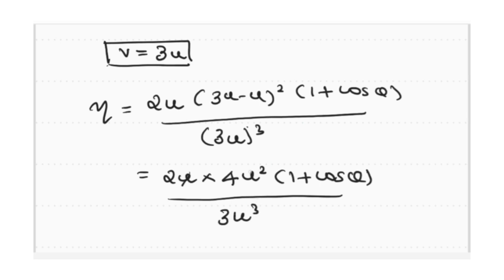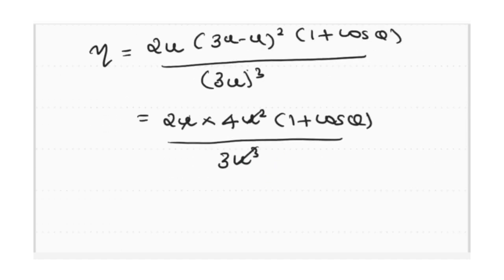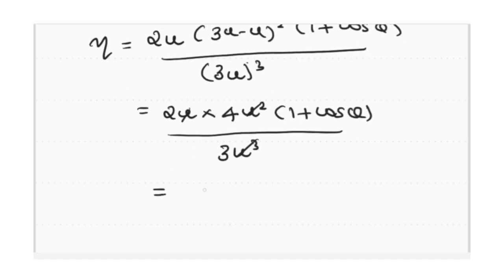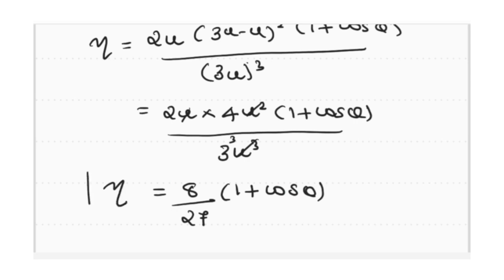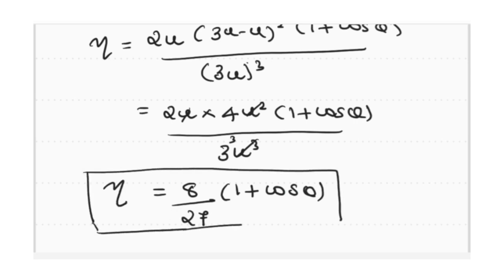So u into u square is u cube, and this gets cancelled. 4 twos are 8, and 3 cube is 27. So that is equal to 8 by 27 into (1 plus cos theta), which is the efficiency. That is what they have given. So eta is equal to 8 by 27 into (1 plus cos theta).